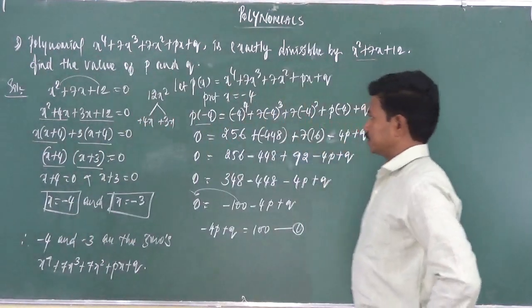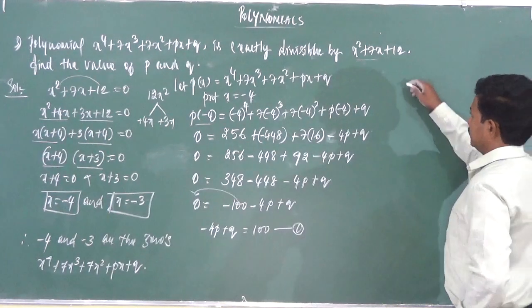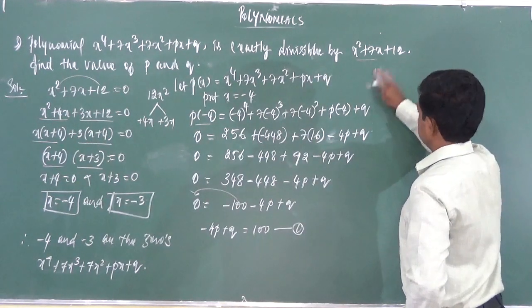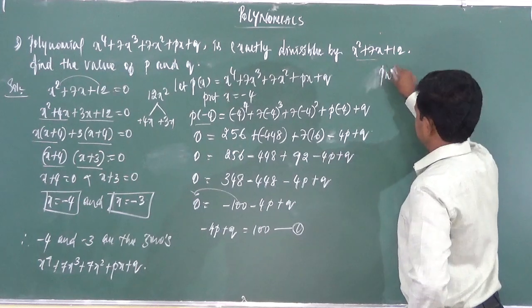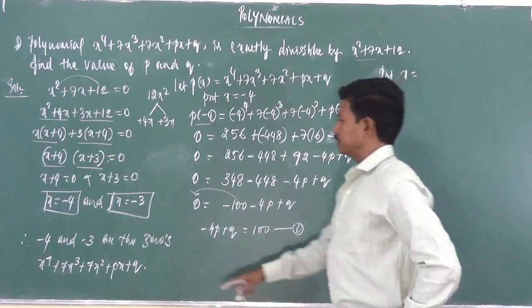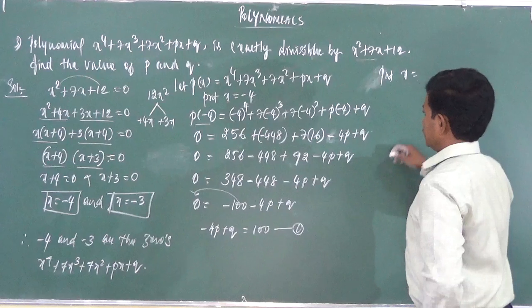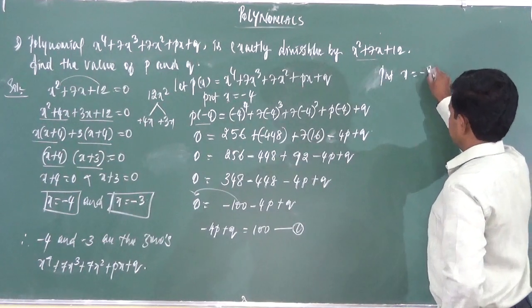So let us go with the next zero. So put x is equal to another zero, that is minus 3.